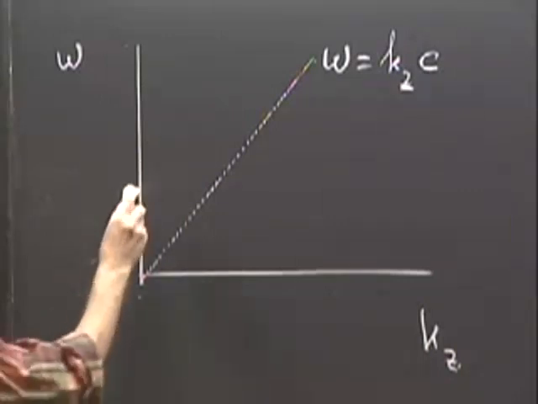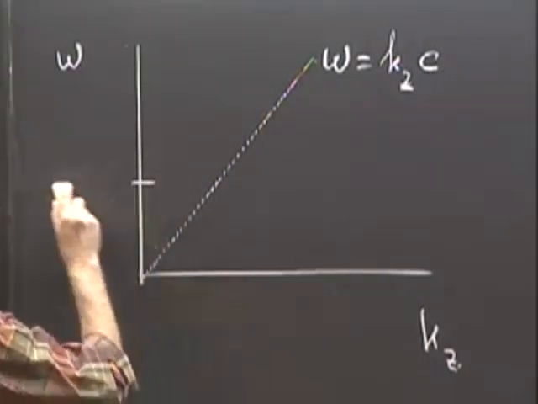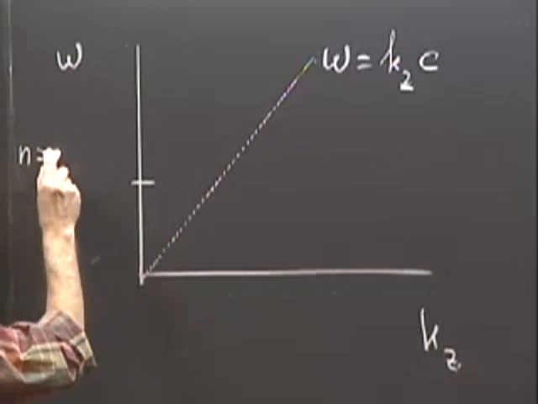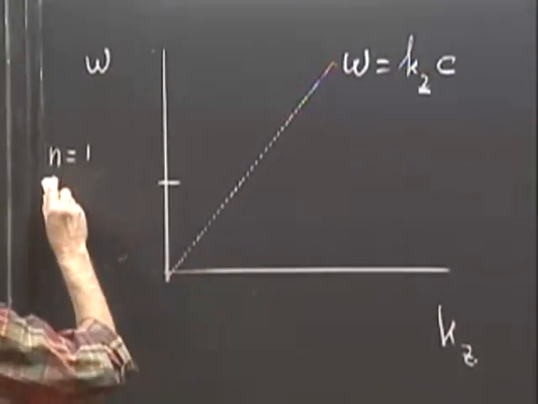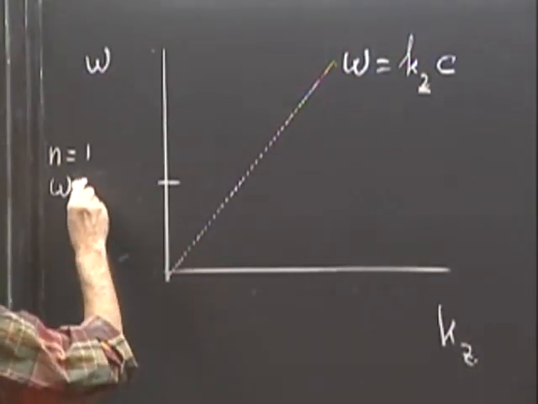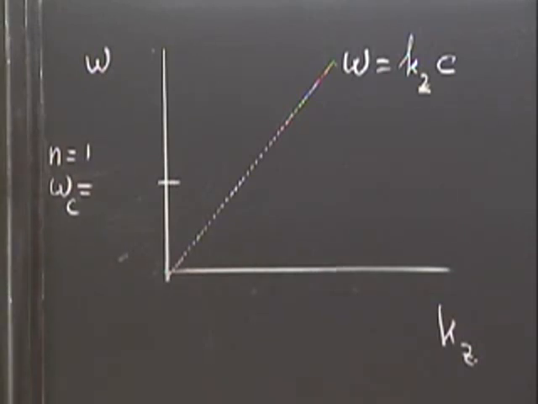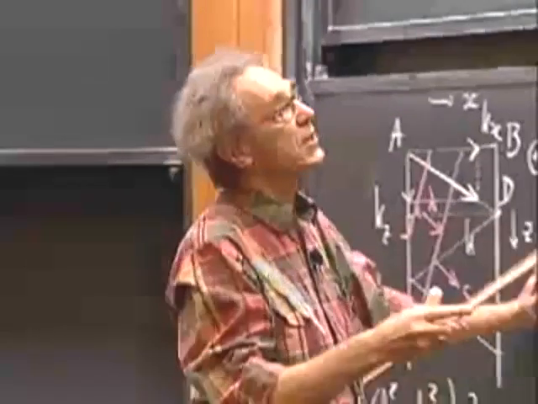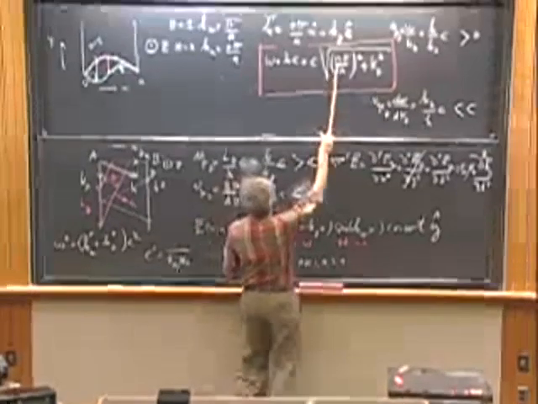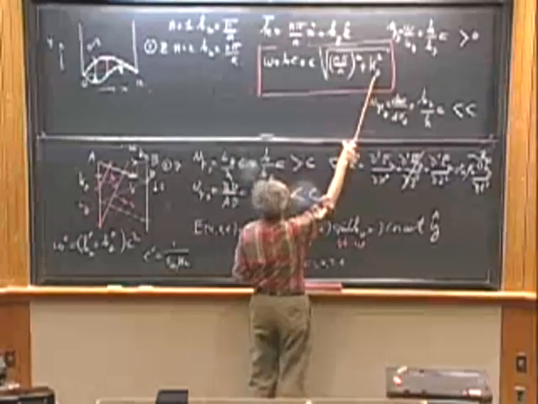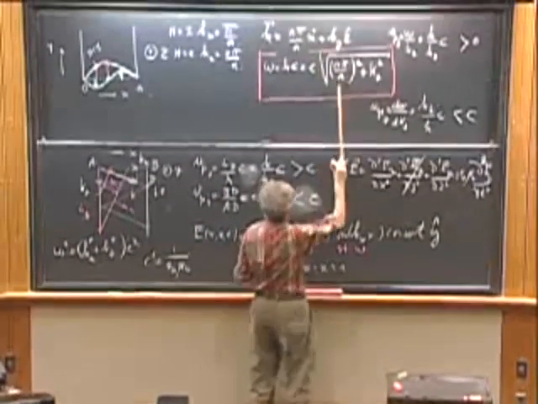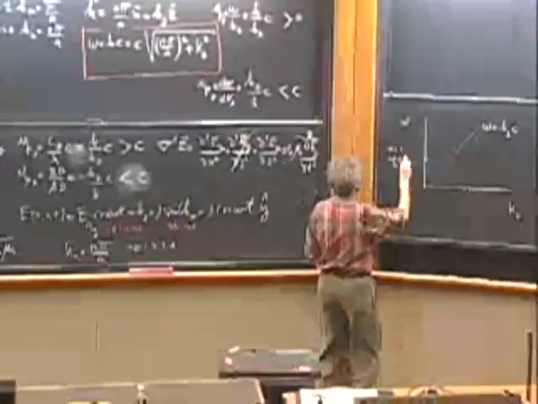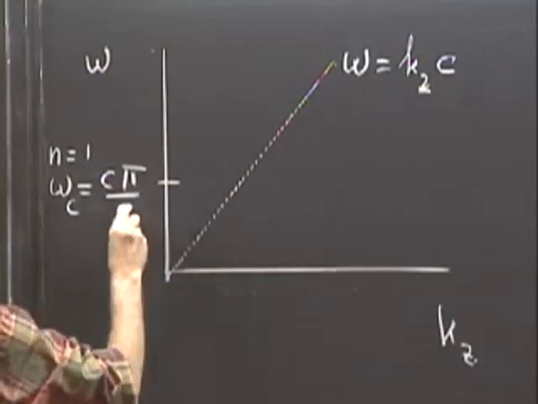What we have is that here, for n equals 1, there is a particular frequency, omega c, we call that the cutoff frequency, below which no radiation can go through the gap. And that cutoff frequency is when n equals 1 and when kz becomes 0, and so that is c times pi over a.